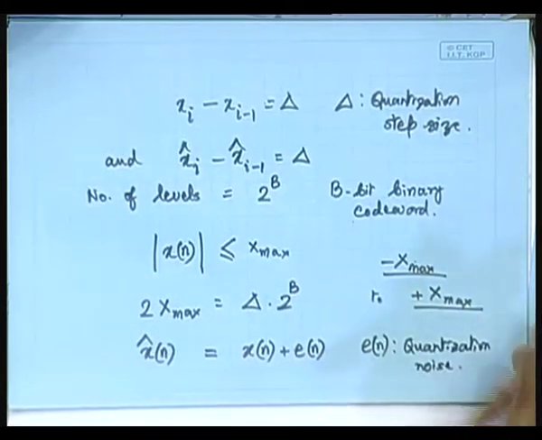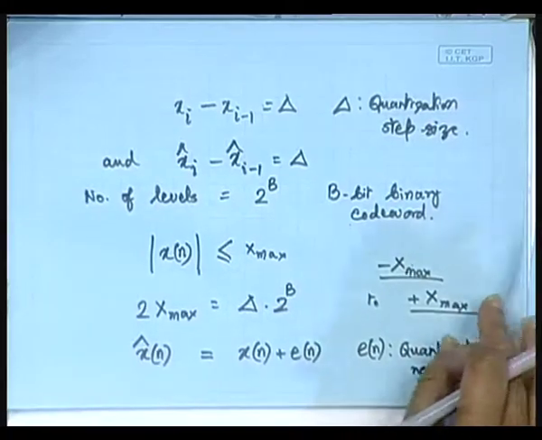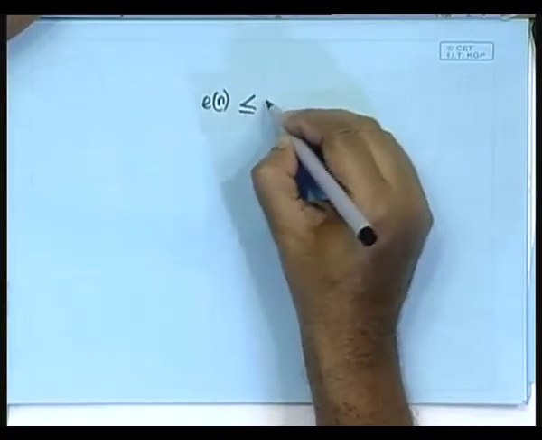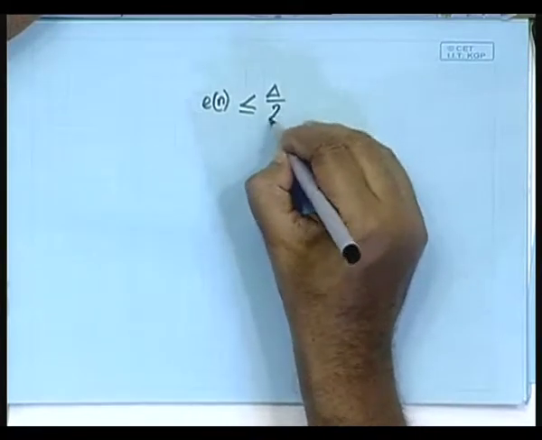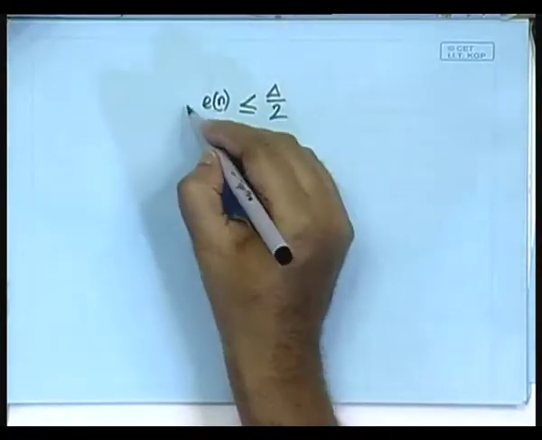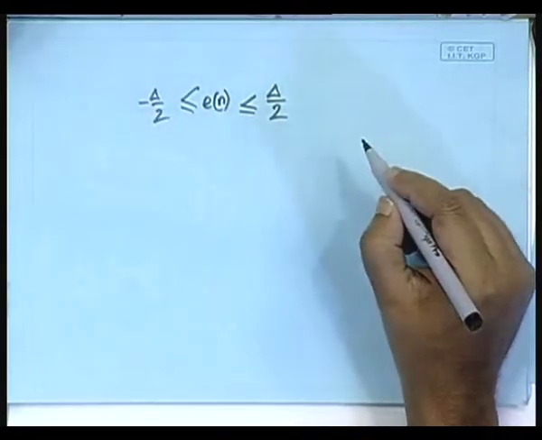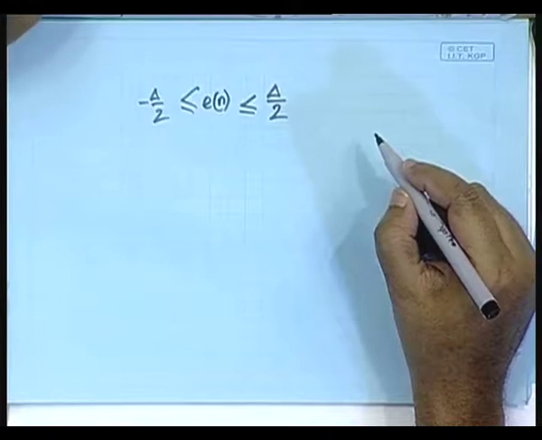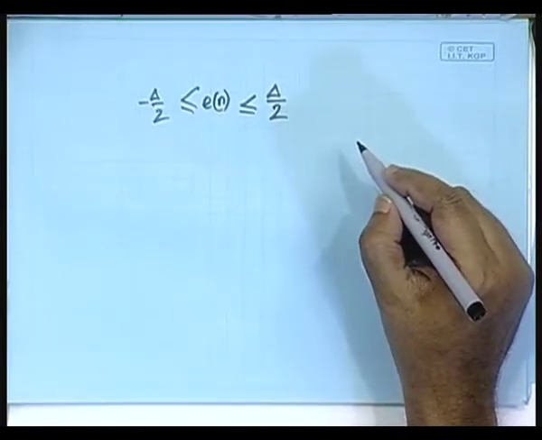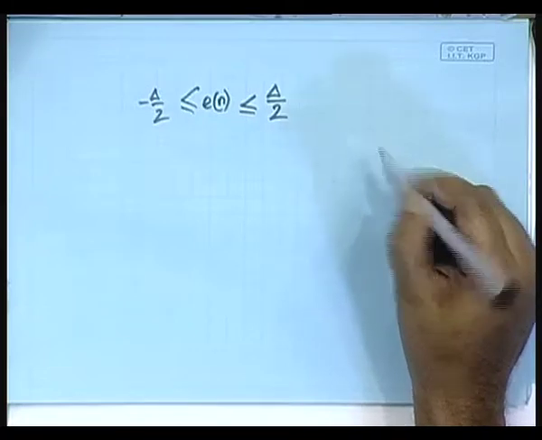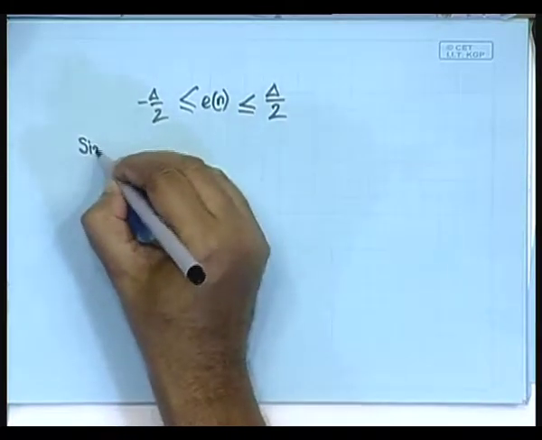And obviously, because delta is the quantization step size, we can express this as the inequality that E n will range between minus delta by 2 and delta by 2. Now, this being the quantization noise, we can assume some simple statistical models for it.